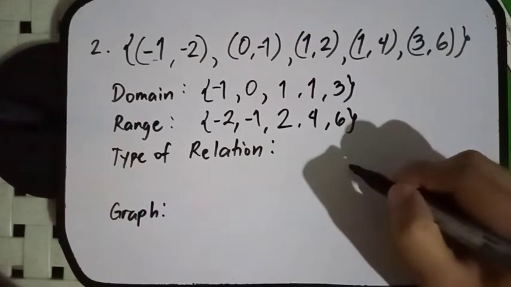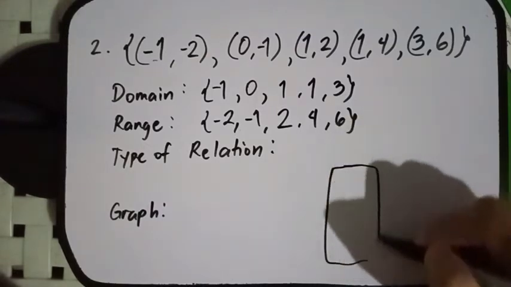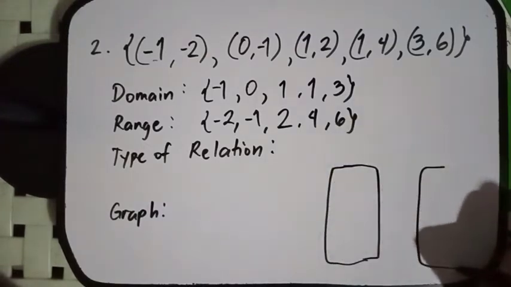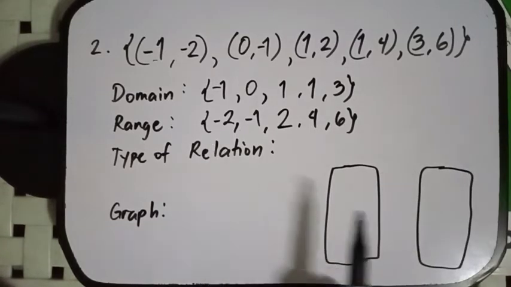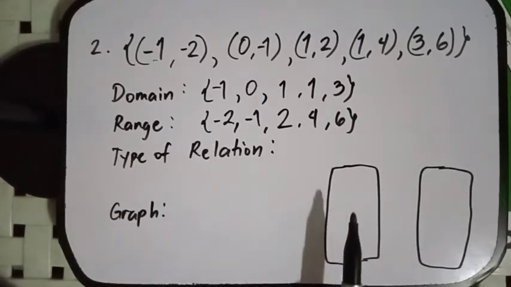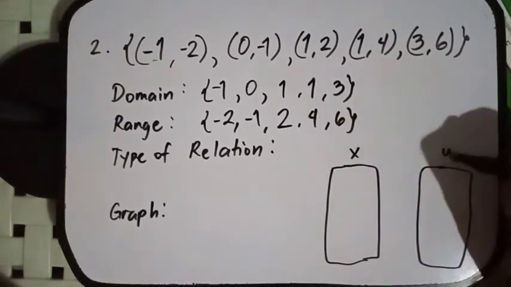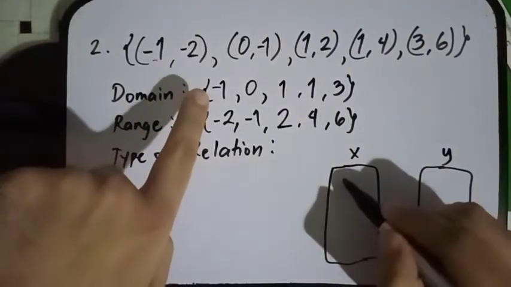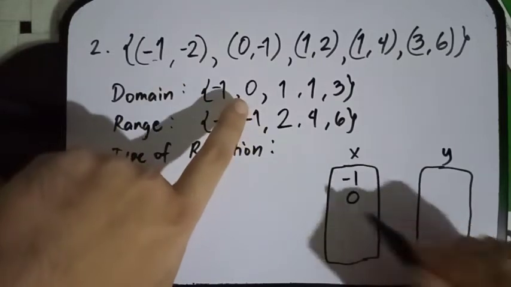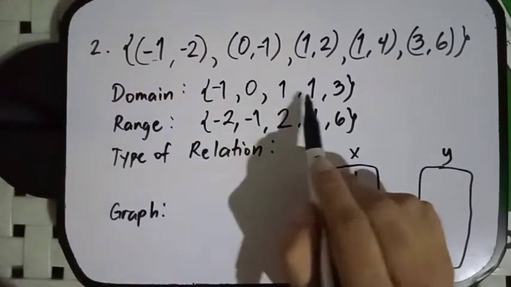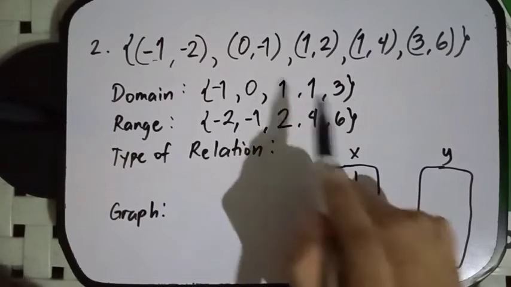Okay? So, meron tayong dalawang sets dito. Ayan. Tapos, dito natin isulat lahat ng values of x na nasa domain. So, dito sa domain, tapos ito naman sa range. Okay, so we have negative 1, 0, tapos may dalawang 1 dito, no? May dalawang 1 dito.